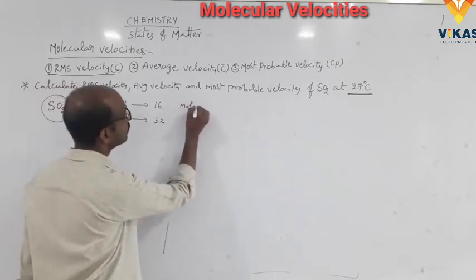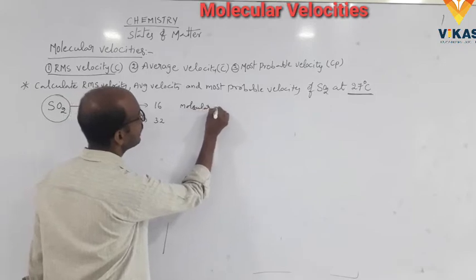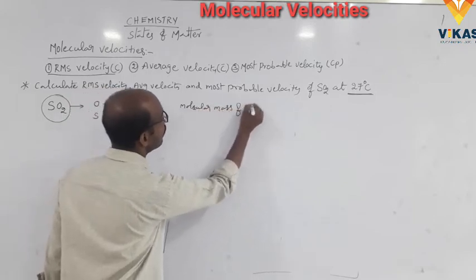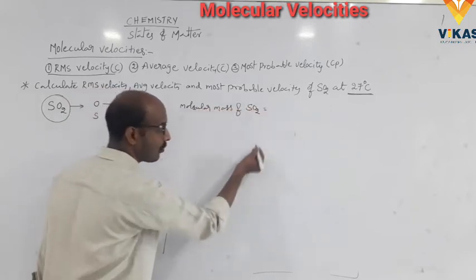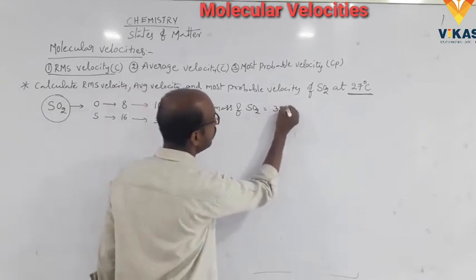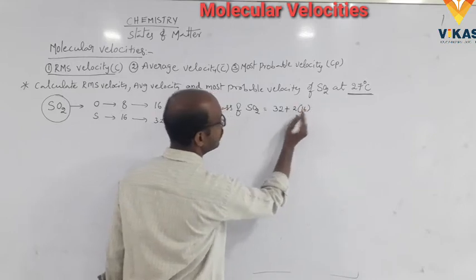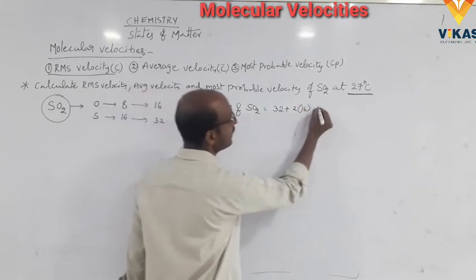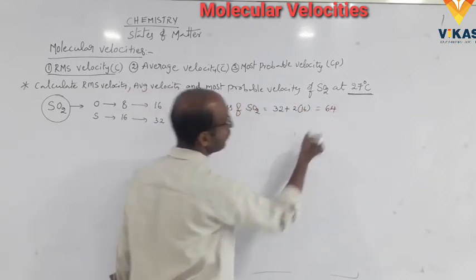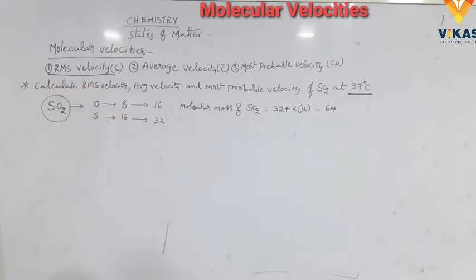Molecular mass of SO2 is equal to one sulfur, 32, plus 2 oxygens, 2 into 16, which is 32. 32 plus 32 equals 64. That is the molecular mass of SO2.